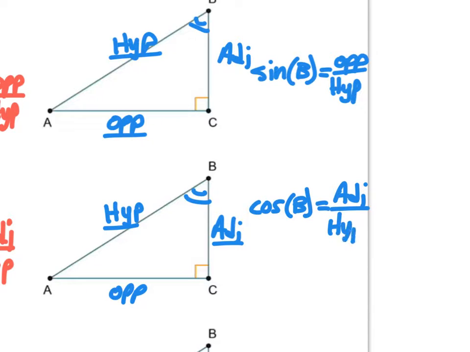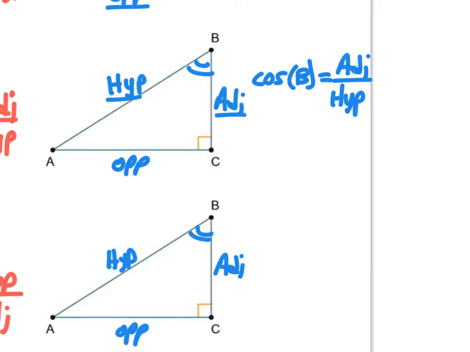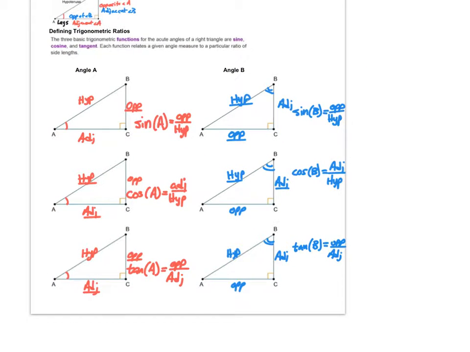And then tangent of angle B is equal to the opposite side divided by the adjacent side. So you're probably wondering to yourself, how do you remember these?